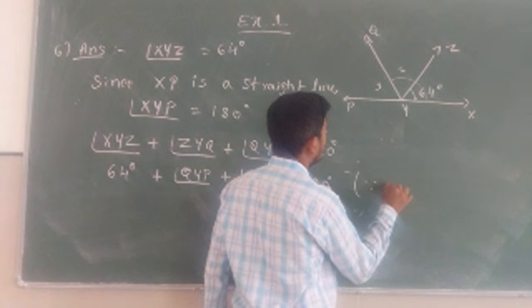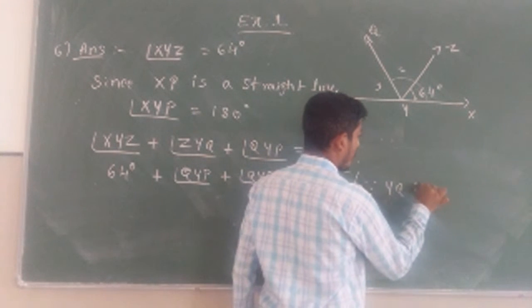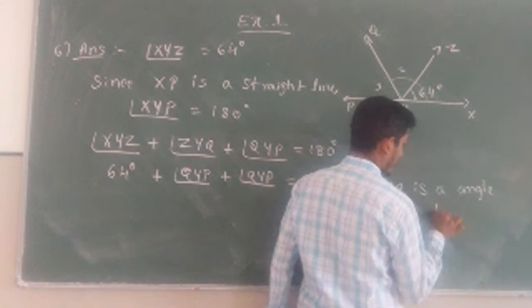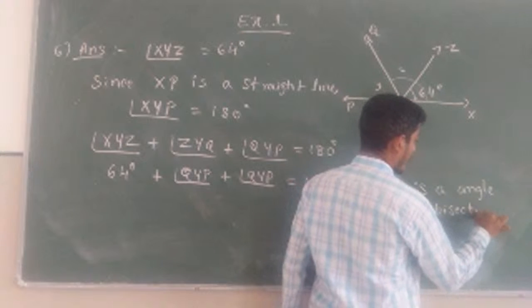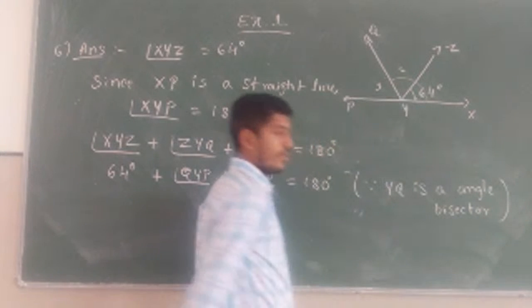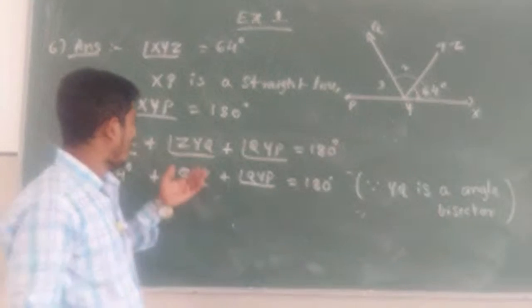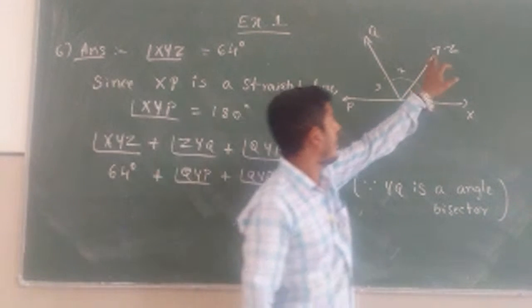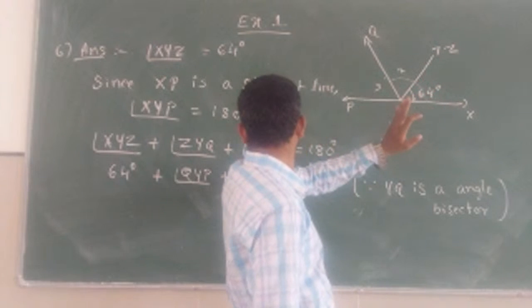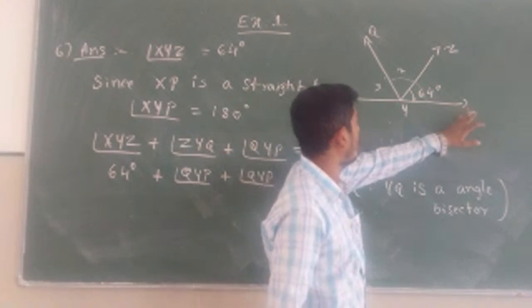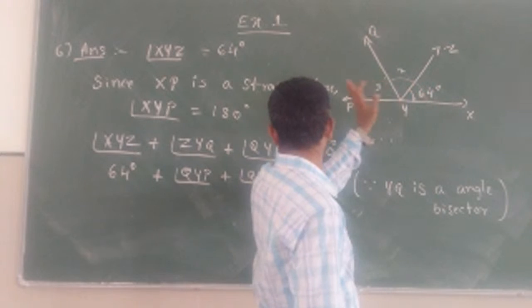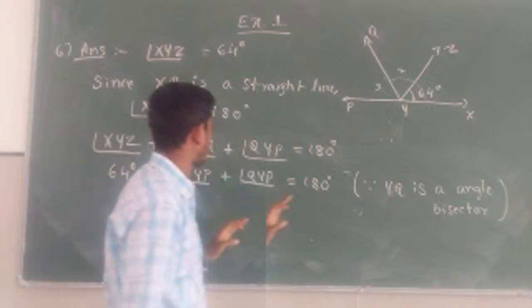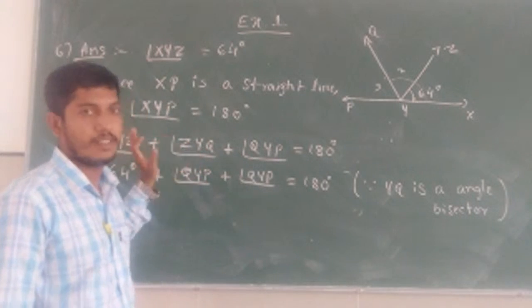Since YQ is an angle bisector, we have to write the reason: ZYQ is the same as QYP, and QYP is the same as QYZ. Both are equal to each other.